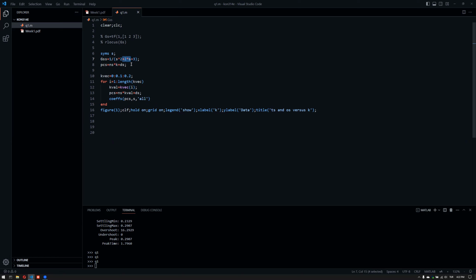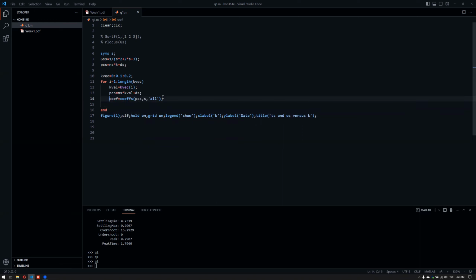It would just omit that, and for that reason we would be mistaken when we use those coefficients. So we have to provide s, and we also have to provide 'all' in order to fill out the missing coefficients with zeros and have the correct order of the coefficients of a polynomial here. I'm going to save them into coef.